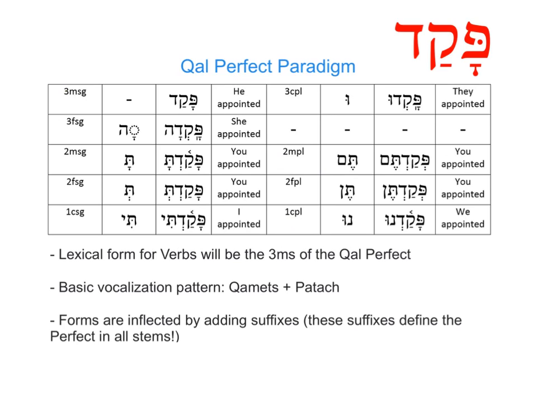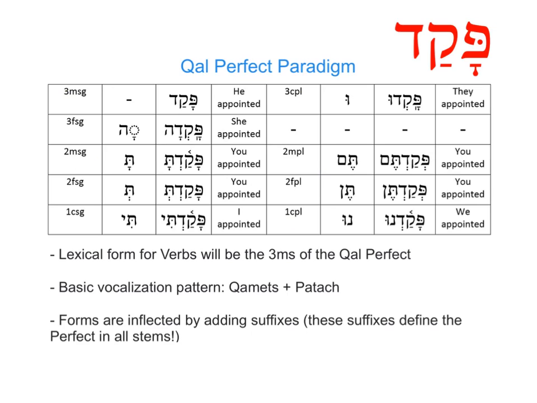We have third, second, and first here, both sides. On this side we have our singular. On this side we have our plurals. We also have our gender, and our gender starts with the 3 MSG, the 3 FSG, 2 MS, 2 FS, and then 1 common singular.